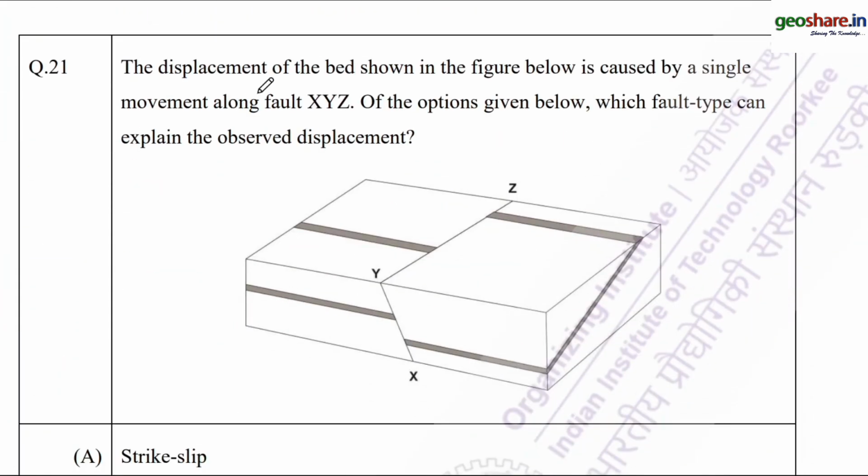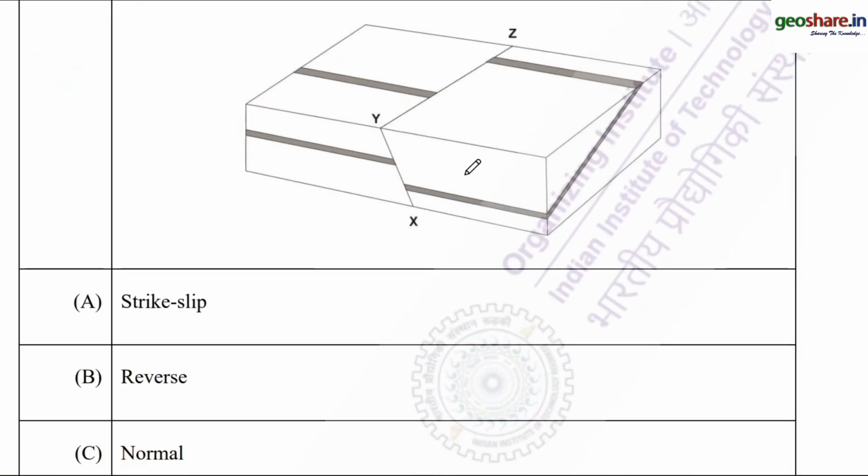The displacement of the bed shown in the figure below is caused by a single movement along fault XYZ. Of the options given below, which fault type can explain the observed displacement?